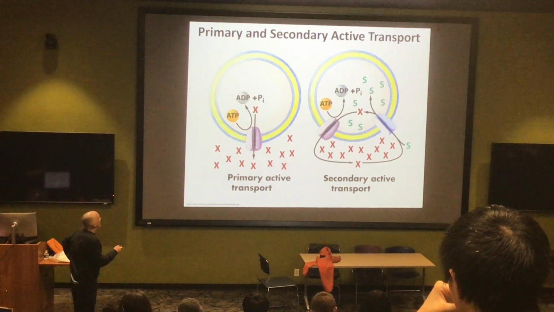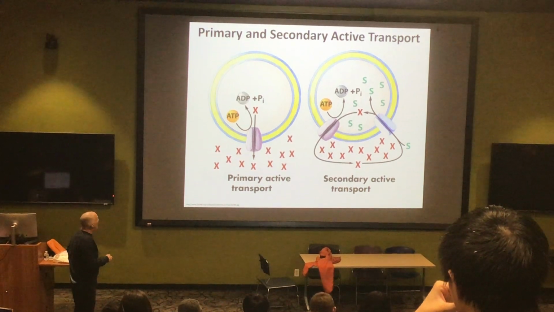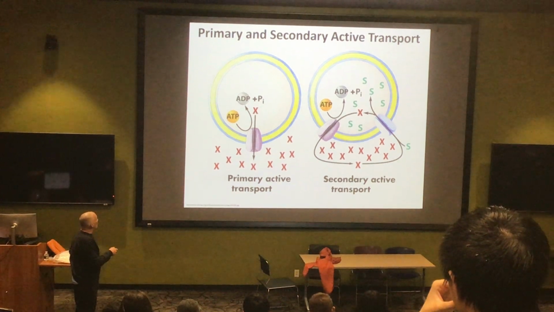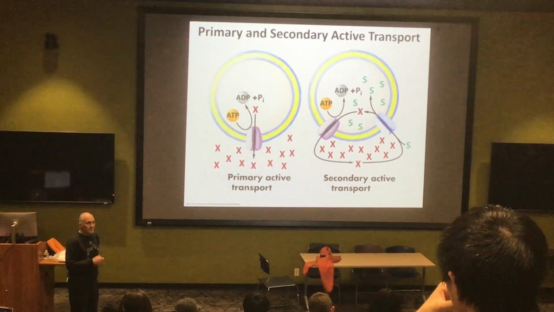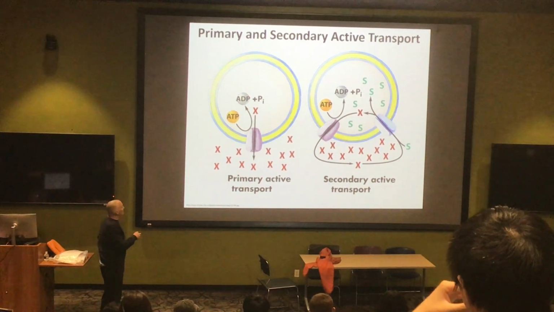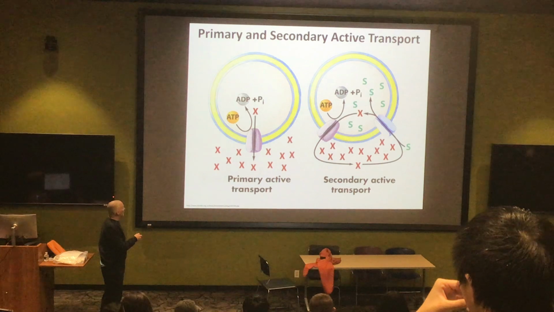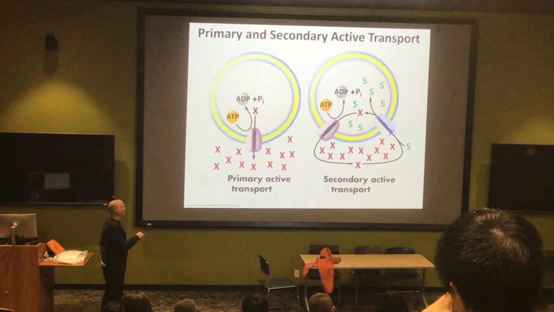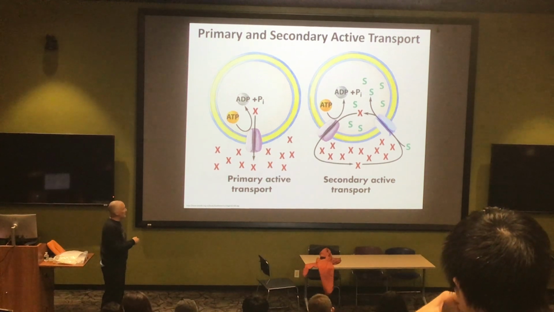Remember, we also talked briefly about the idea that active transport can be primary, where the energy is used directly to move a molecule against its concentration gradient. There's a mechanism to this: a phosphate group on a phosphorylated protein changes its conformation, allowing it to take up a molecule and then change conformation again, releasing it on the other side.